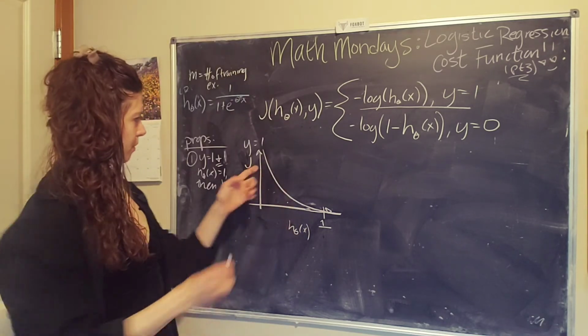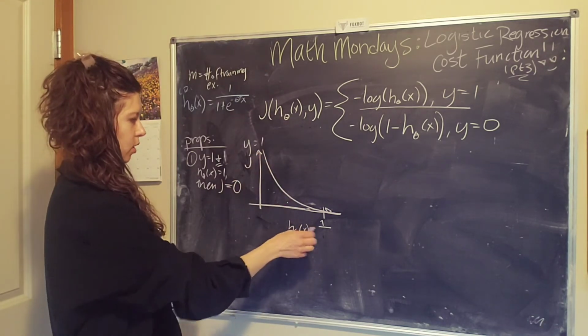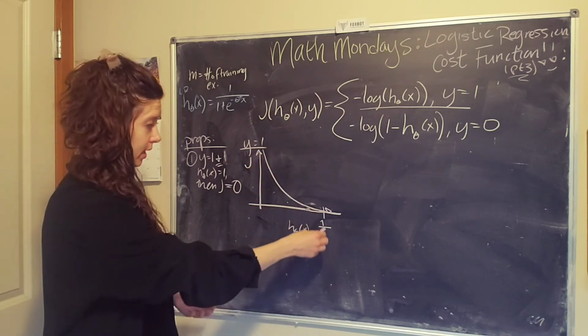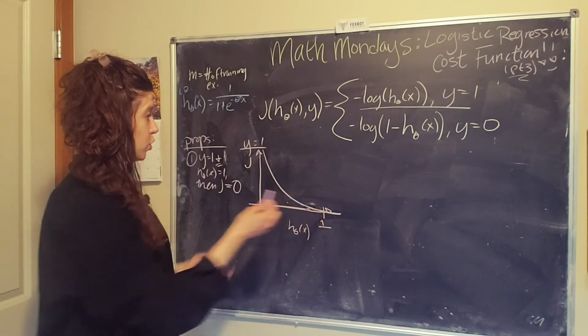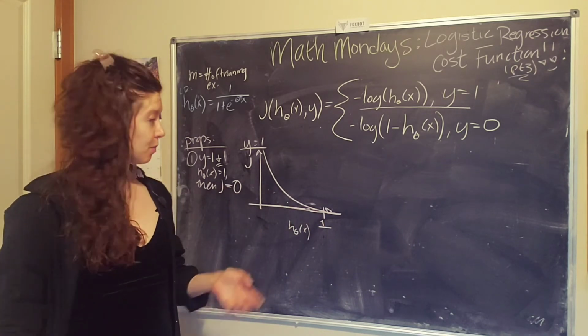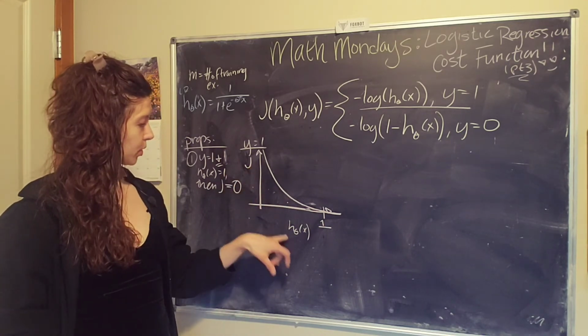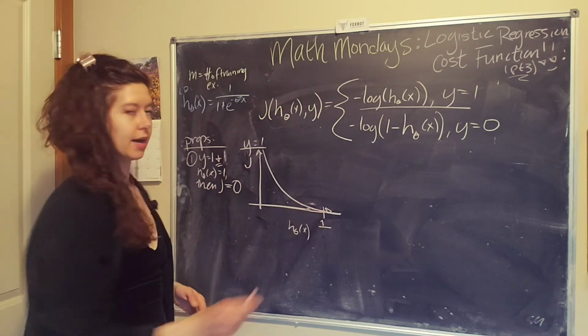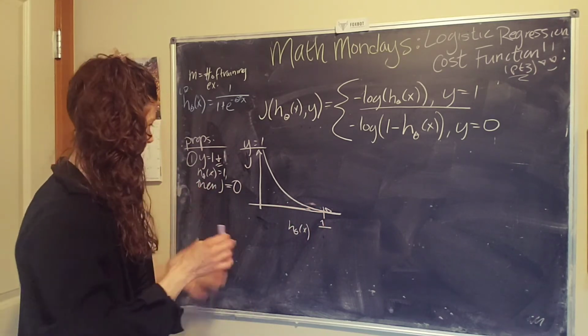That's awesome, because if we look at this plot, for y equals 1, if our predicted value is 1, then there's no difference between our predicted and our actual value, and the cost function is 0. That's what we want, right?